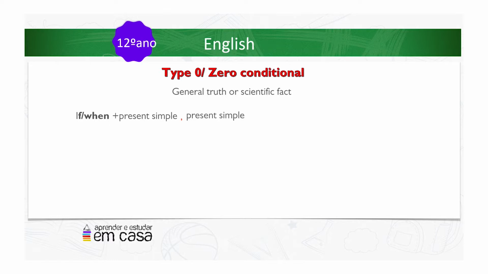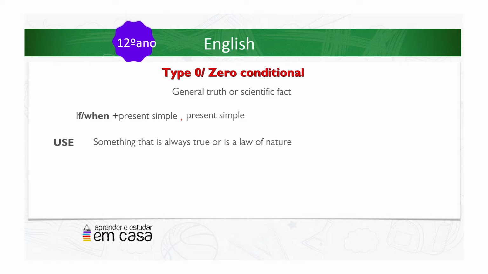So it says if or when plus present simple, comma, present simple. This is the form. When do we use it? To say that something is true. Right? It's true or it's a scientific fact.